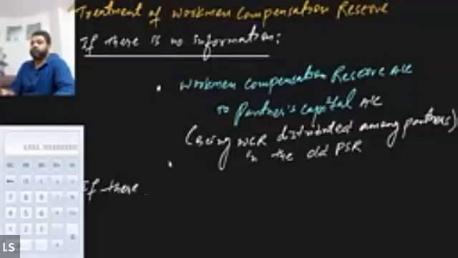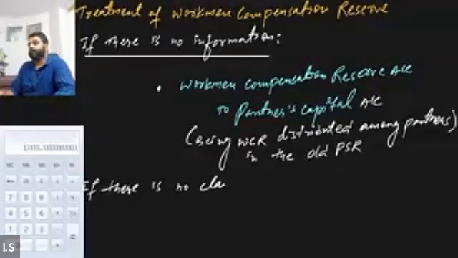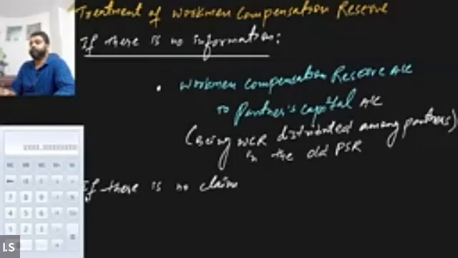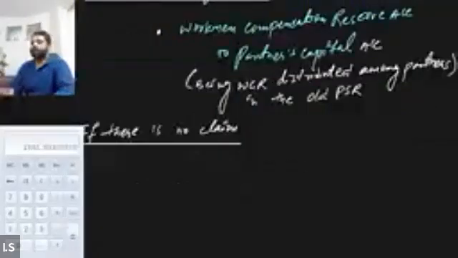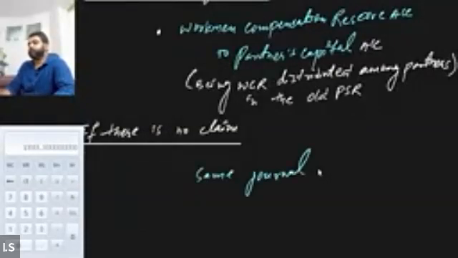Even though these are different situations, the treatment will be the same. If there is no claim regarding the workman compensation, then the same general entry will be done, the same general entry as above.